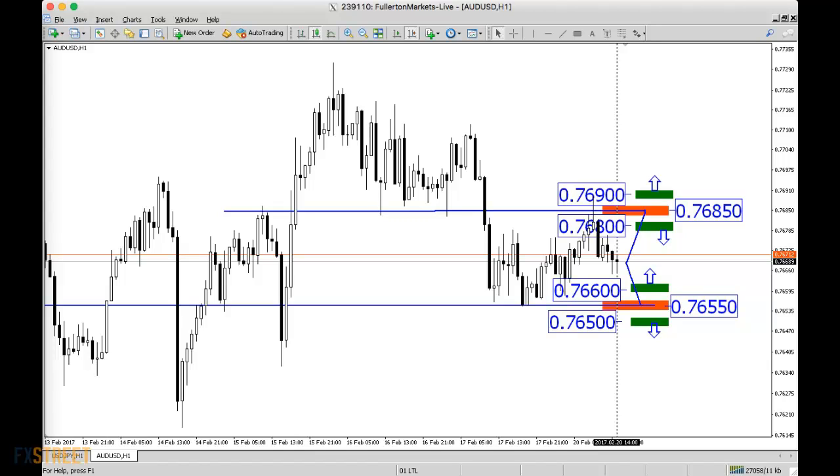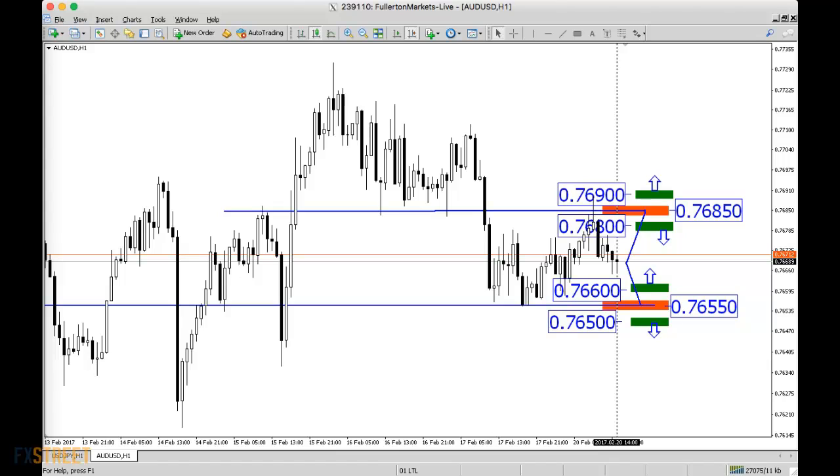A 30 pip difference on a daily chart will look like 2 pips on a 1 minute chart. Because for the daily chart the time frame is higher, it will show a greater volatility of the instrument or currency pair. So if the volatility is higher, you tend to set a wider stop loss or take profit for your trade.